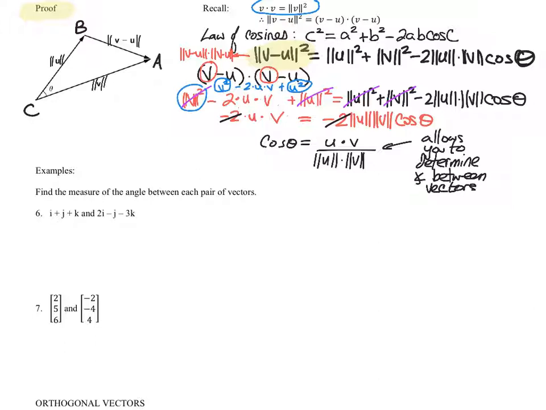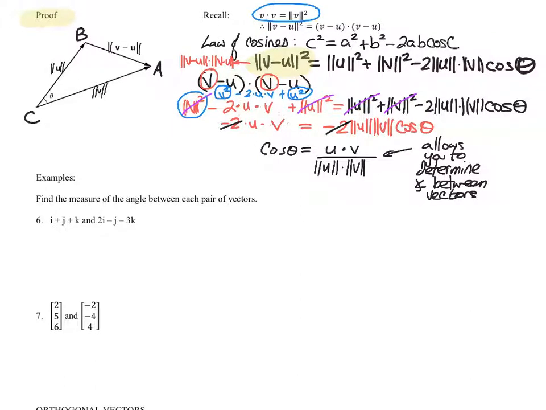The first one's in ijk notation. I want to dot these two vectors, so I'm going to write it in component form. Column vector notation, 1, 1, 1, dotted against 2, negative 1, negative 3. I didn't designate one as vector u and the other as vector v, but there's no reason why you can't.